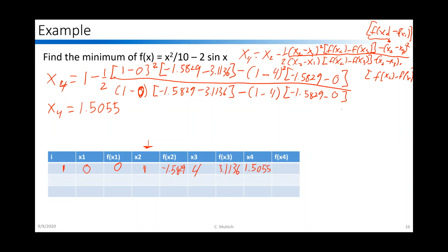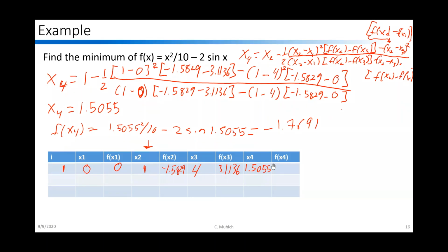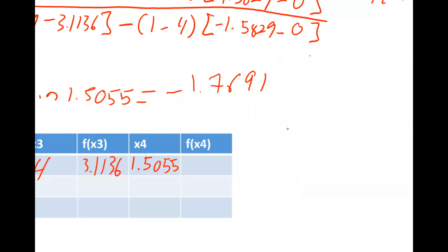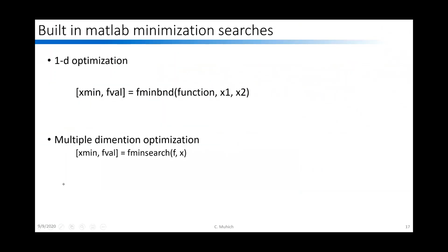And then just for completeness, we can take f of x4, plug that in, squared, divide by sine of 1.5055, and this equals negative 1.7691. So we can put that in our table, negative 1.7691.